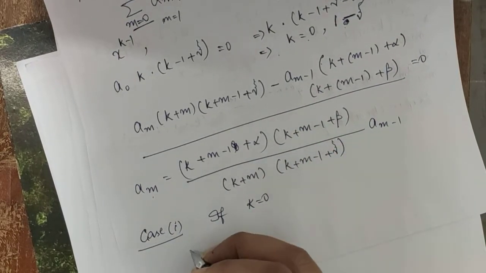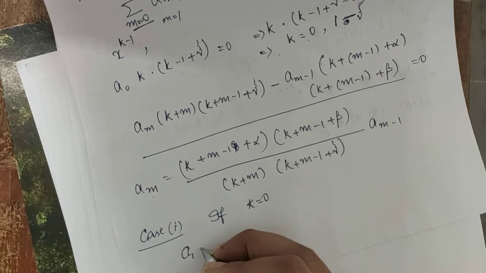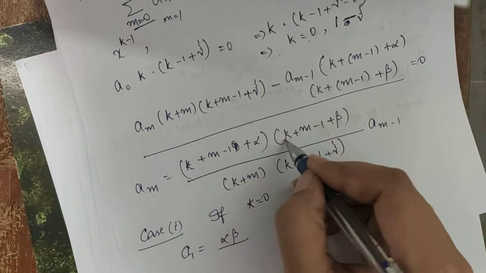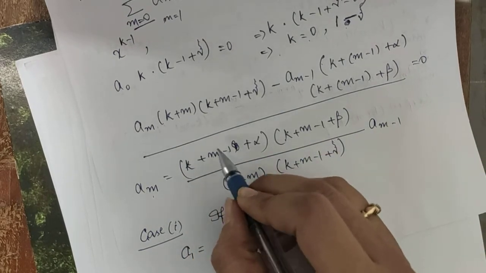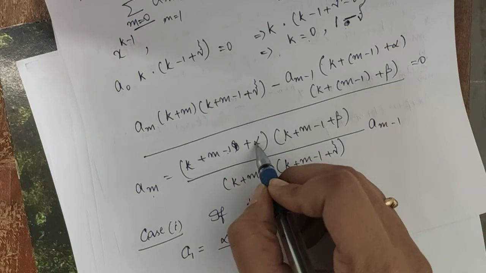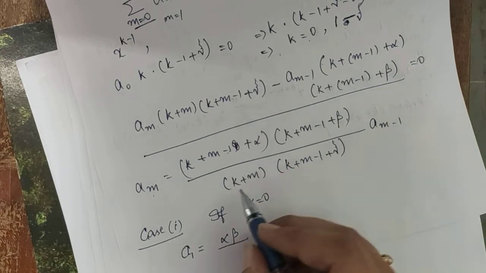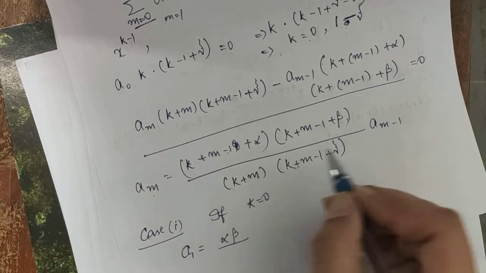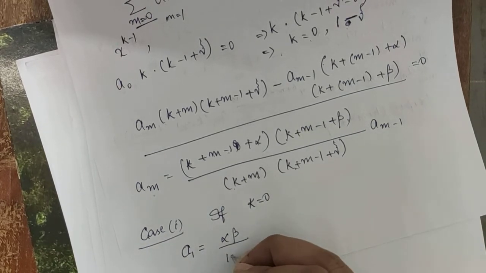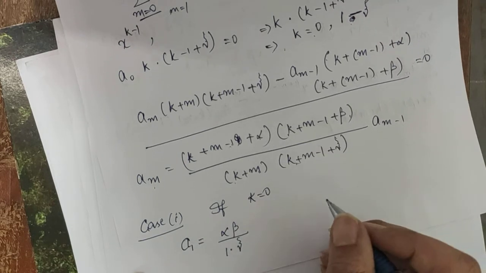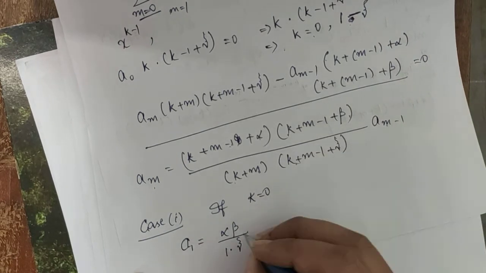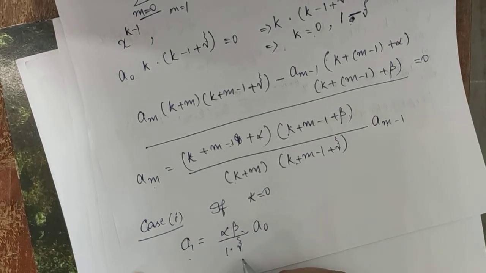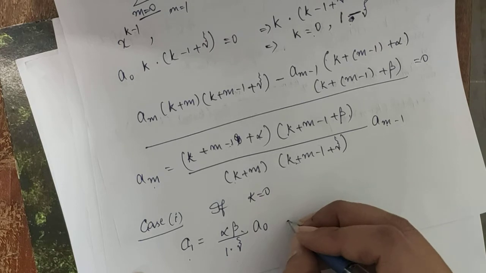We will get a1 is equal to alpha beta, k is 0, m is 1, 1 plus 1 minus 1 gets cancelled, you will get alpha here, you will get beta here, k is 0, this term gets cancelled, m is 1 into gamma, I will write as it is. So m is 1, this is a naught. So a1 is nothing but alpha beta by 1 into gamma into a naught.